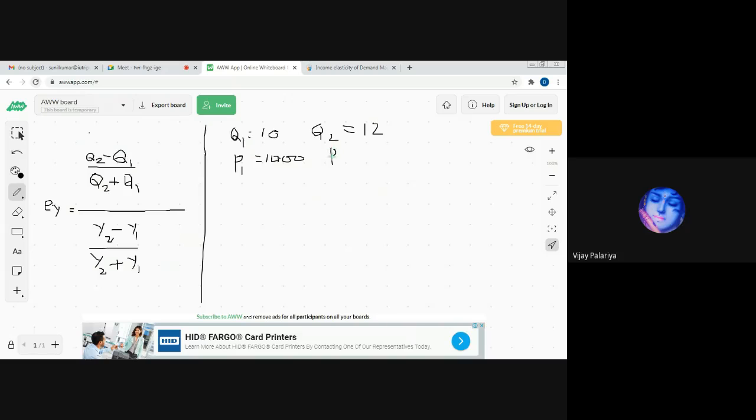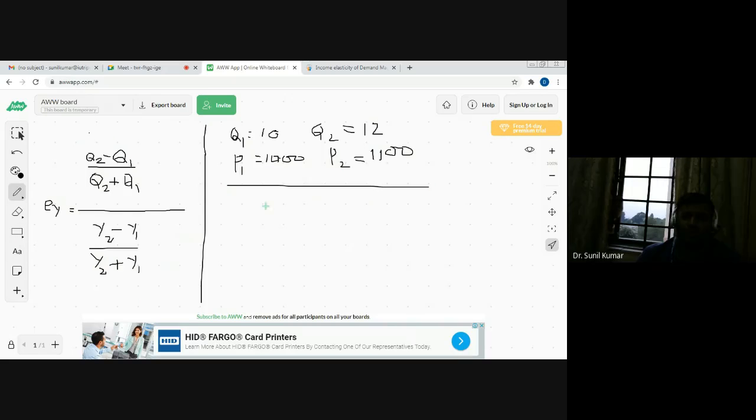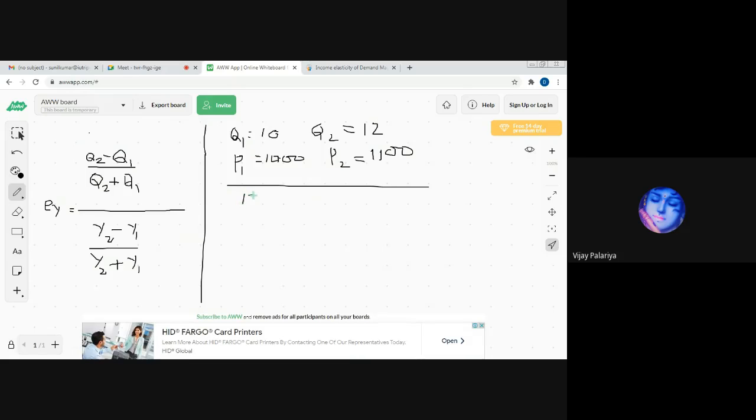And what is Y2? 1100. Instead of P1 and P2, it will be Y1 and Y2 because income is denoted by Y. Yes, you are right.